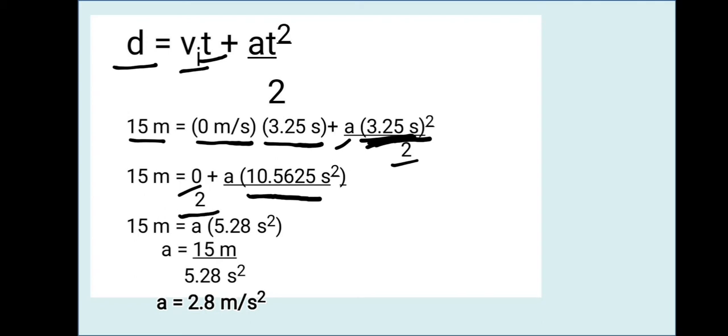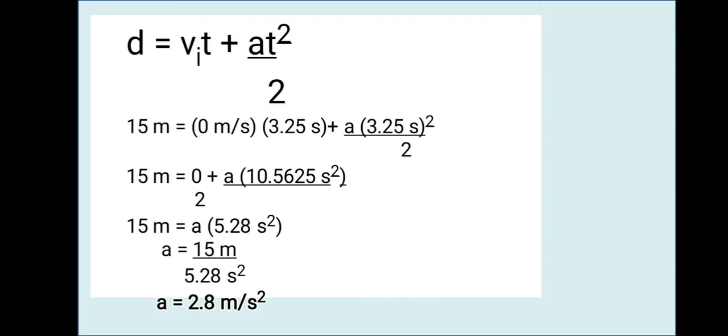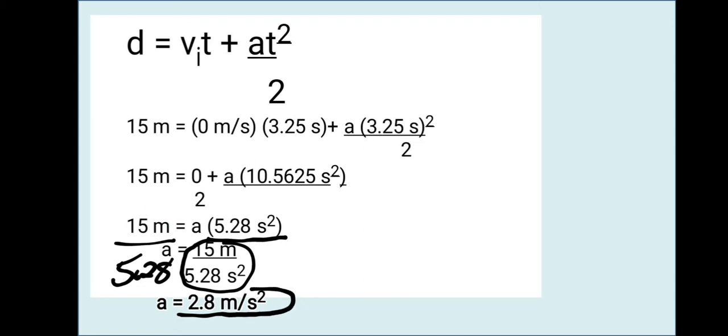So the solution is this, 15 meters, A equals A, because it is divided by 2, 10 divided by 2, the answer is 5.28 seconds squared. Now, so divide both sides by 5.28. So this one, divided by 5.28, also here 5.28. So this one, 15 divided by 5.28, the answer is 2.8 meter per second squared. This is our acceleration. Right?